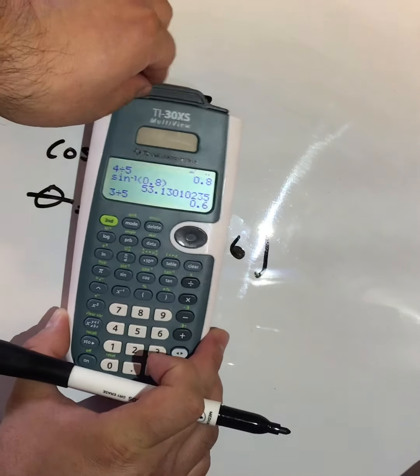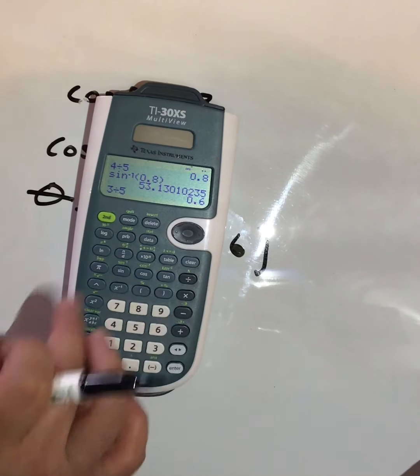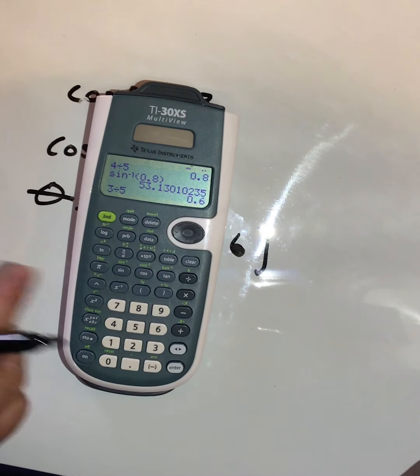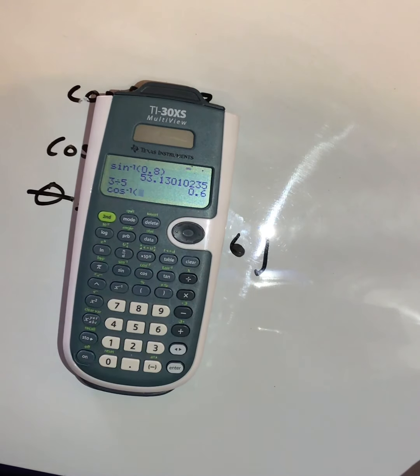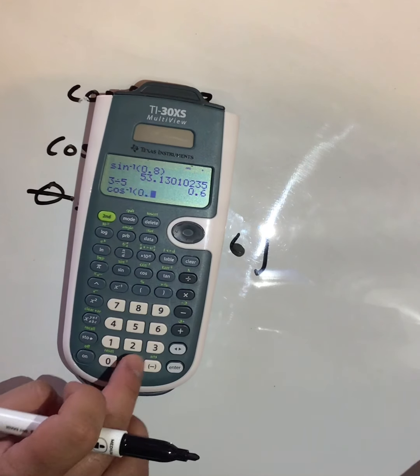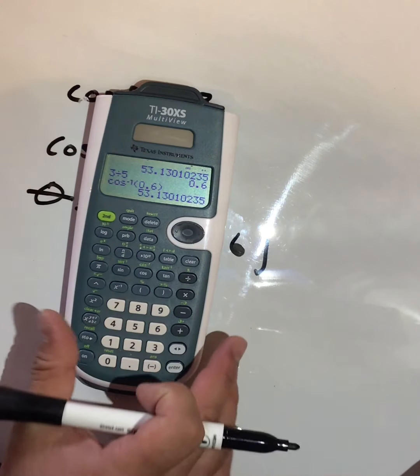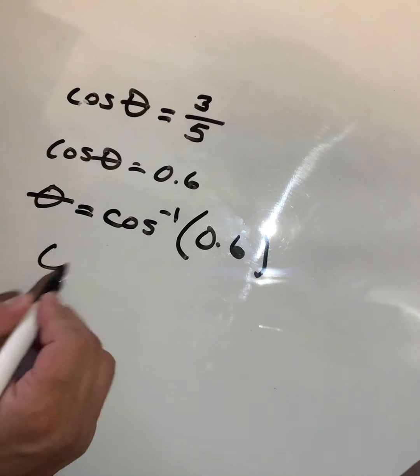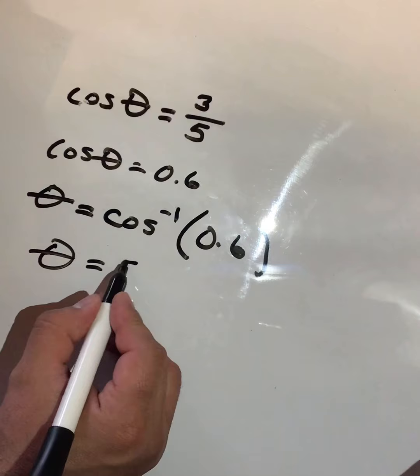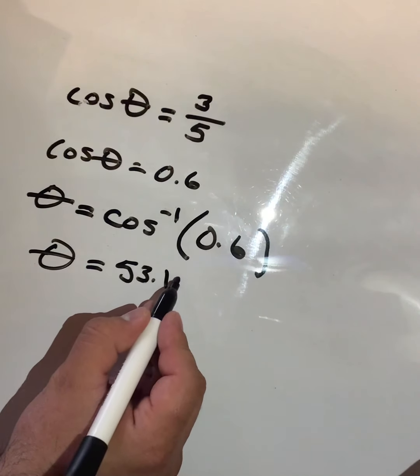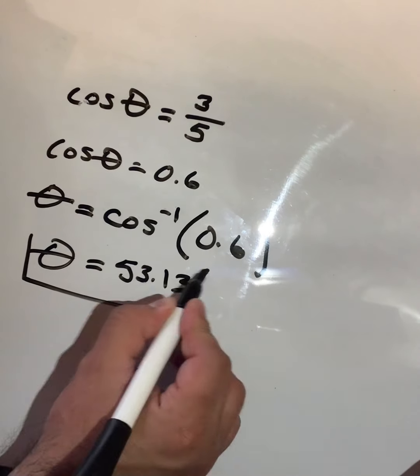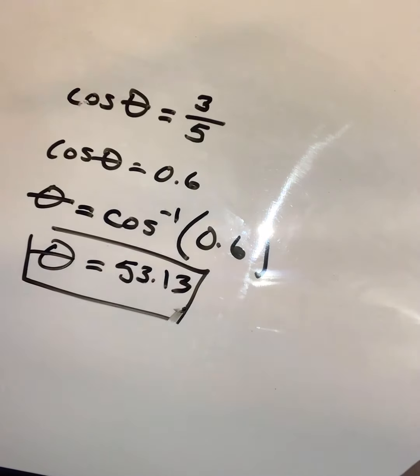Here is my calculator. 0.6, of course. The inverse cosine of 0.6 is going to be 53.13, which is the same as the sine.